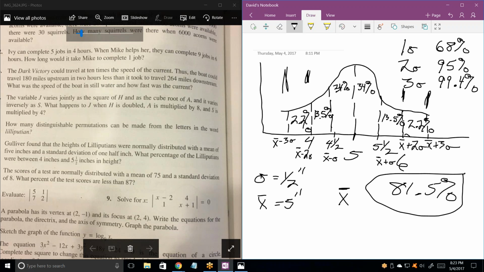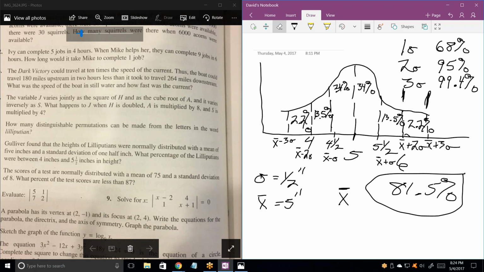In other words, how to apply the 68%, 95%, and 99.4% to the zones under this normal curve, like I've done there. And you'll notice that you had to have everything on here. I needed the numbers 4, 4.5, 5, 5.5, and I also needed to know that the 4.5 was the mean minus 1 standard deviation, and the 5.5 was the mean plus 1 standard deviation.